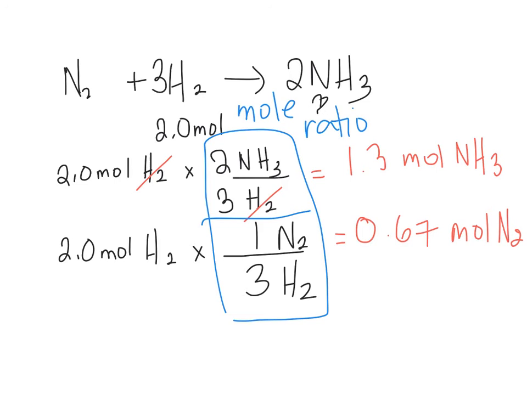Do you want to do another question? All right, how about aluminum plus, how do you write bromine? Br2, because it's a diatomic element. Makes aluminum bromide.